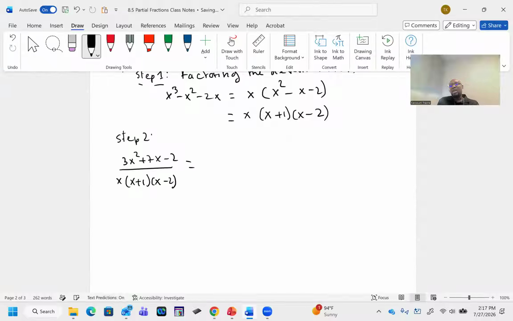It should be equal to, since we have 3 factors, a divided by x plus b divided by x plus 1 plus c divided by x minus 2. Each factor will have its own coefficient. I don't need to use a1, a2, a3, because we can use a, b, c in this case. Now, the goal is to find the undetermined coefficients a, b, and c, okay? Which means we'll move to step 3 now.